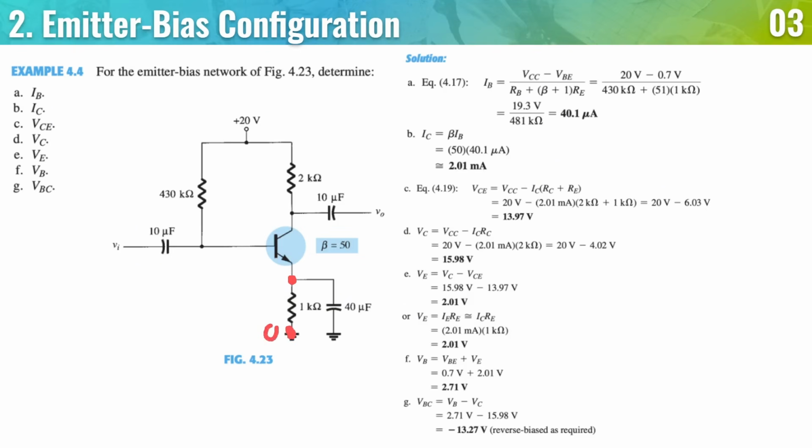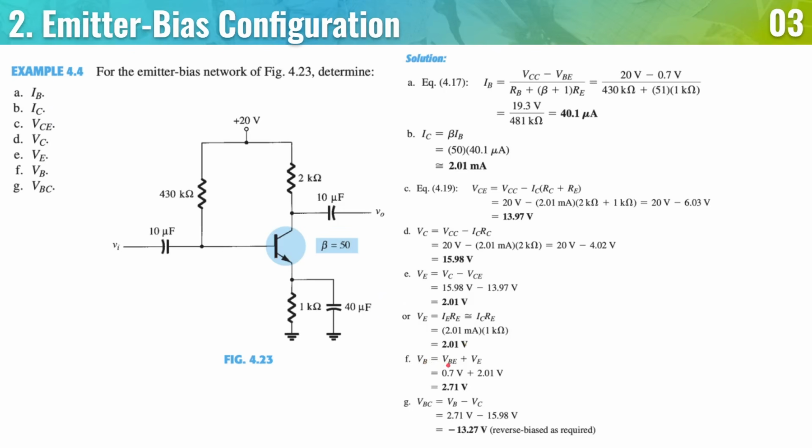So whatever VE is just going to be the same. So VE minus 0, that's still going to be VE because it's connected to ground. Also, the current across E is the same as the current across C. Why? Because again, it is connected to the ground.